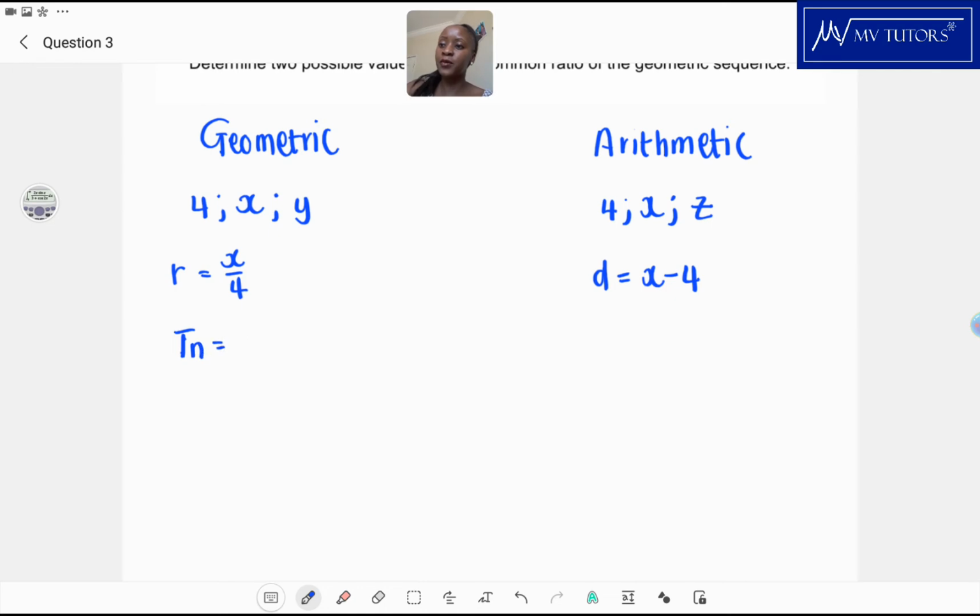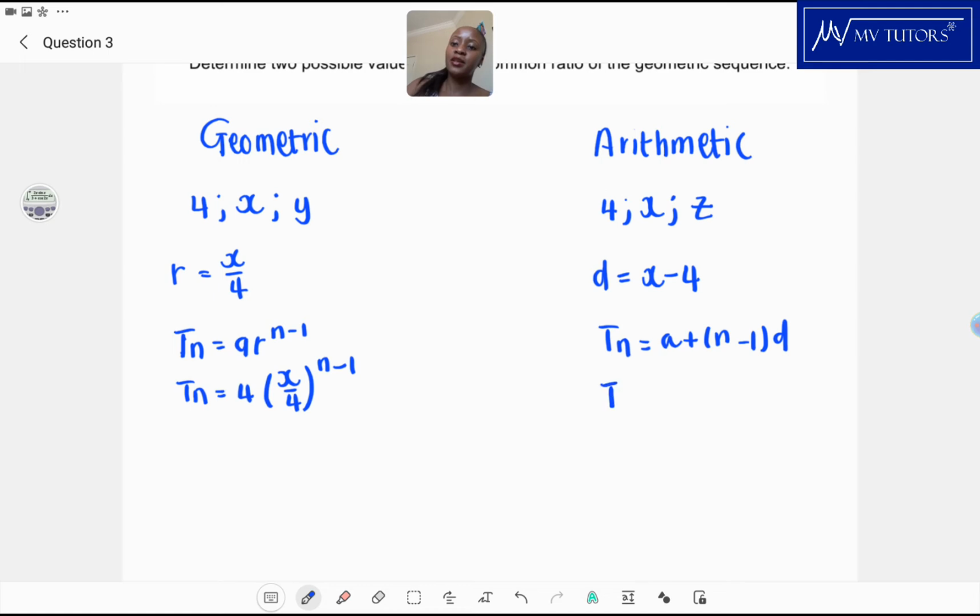Remember, for the geometric it is a r to the power n minus 1, and for the arithmetic it is a plus n minus 1 d. If we substitute what we know, a would be 4, r would be x over 4, and then we have n minus 1, and d would be x minus 4.